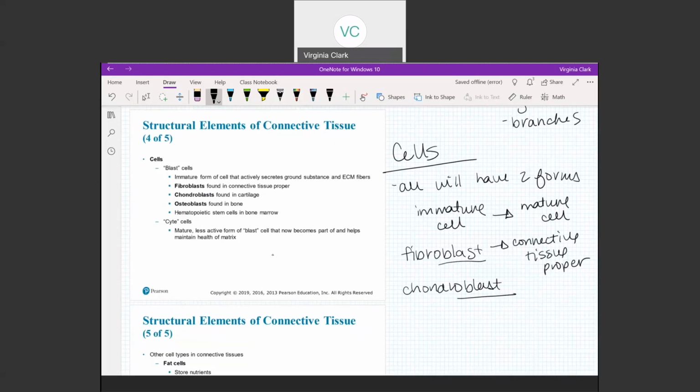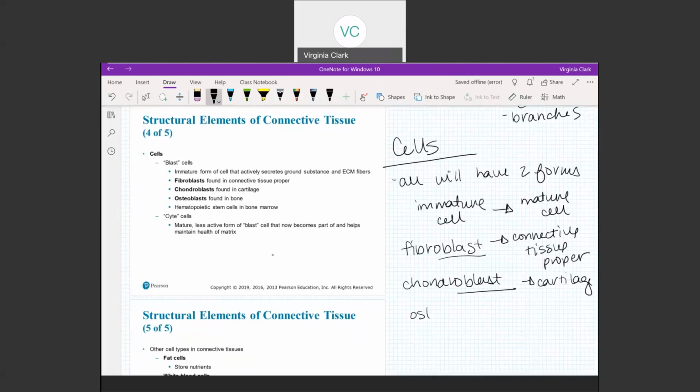This will eventually be our cartilage cells. And then when you see an osteoblast, that will eventually become bone cells. So the blast is going to be the immature cell. So you can see these over here.